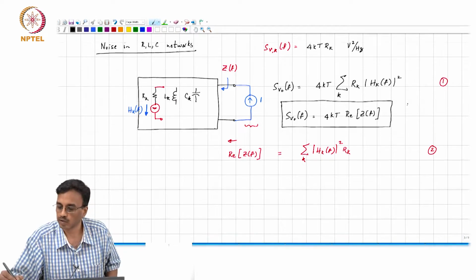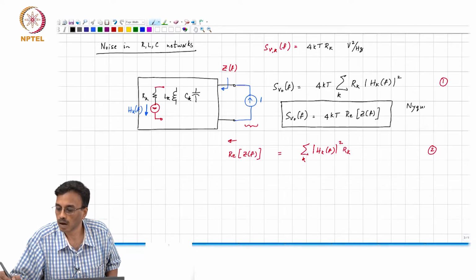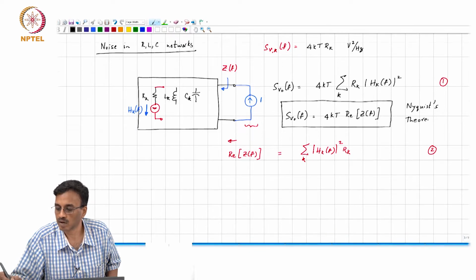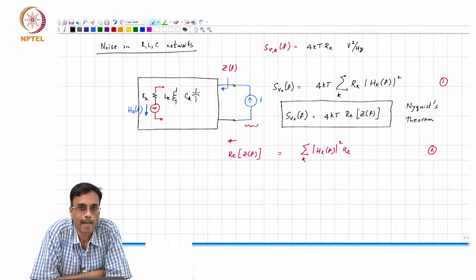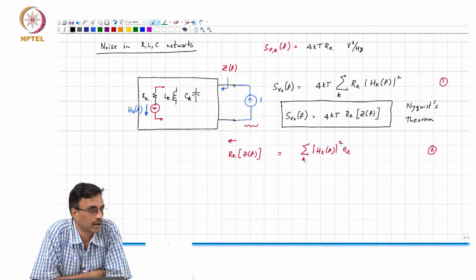Alright, and this is what is called Nyquist theorem. I guess it must be called one more of Nyquist theorems. Right?